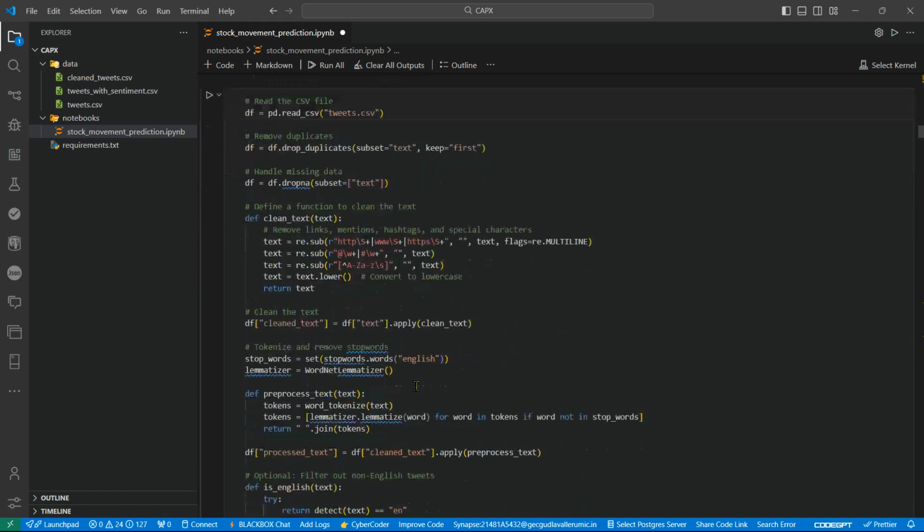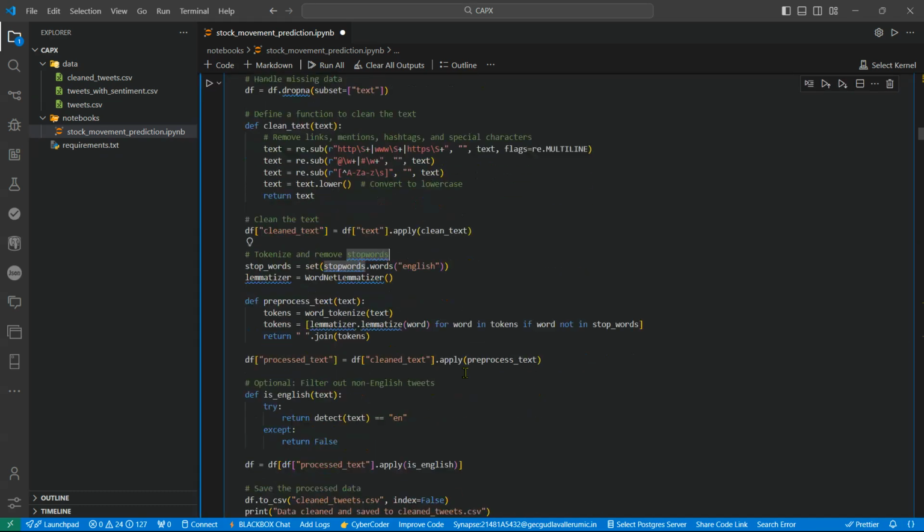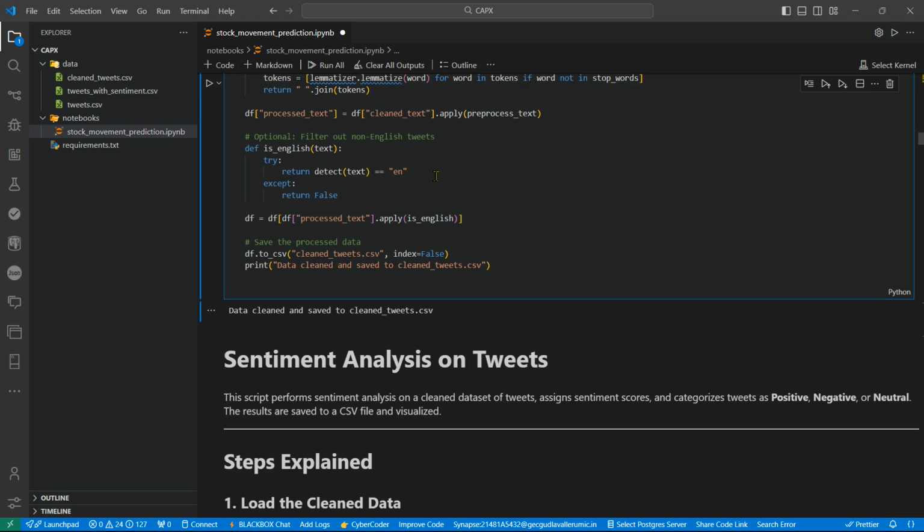These are the different types of cleaning techniques which we are using. Then we are filtering out non-English tweets and other languages. After cleaning, the processed data was saved into clean_tweets.csv.